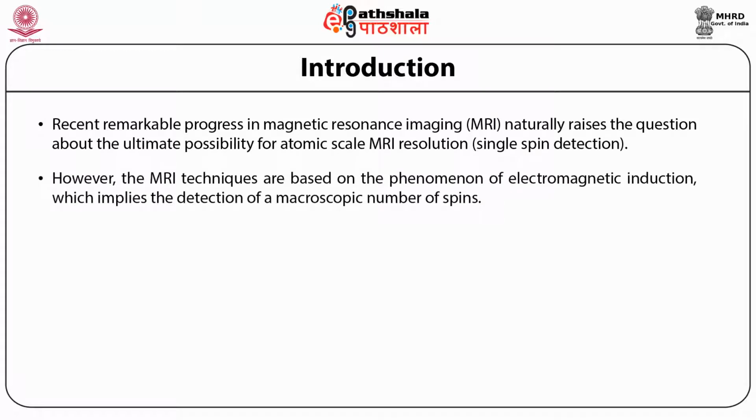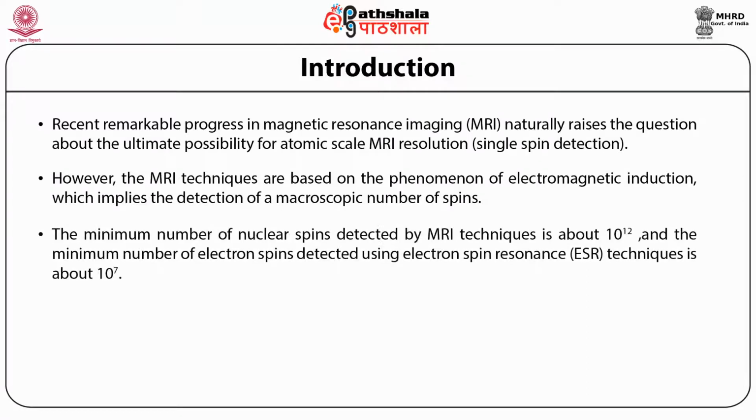However, the MRI techniques are based on the phenomenon of electromagnetic induction, which implies the detection of a macroscopic number of spins. The minimum number of nuclear spins detected by MRI techniques is about 10 to the power 12, and the minimum number of electron spins detected using electron spin resonance (ESR) techniques is about 10 to the power 7.